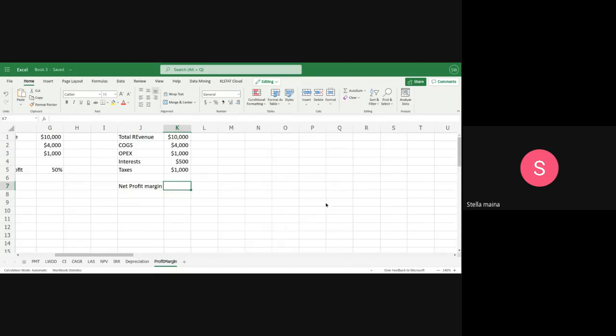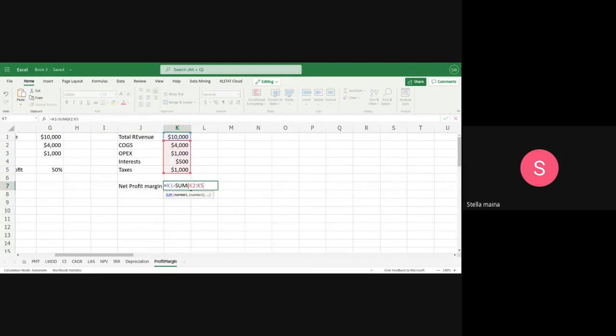In our case, total revenue is K1, so I should put equals K1, minus, to shorten this, I can just say minus the sum of, from the cost of goods sold up to the taxes, so from K2 up to K5.